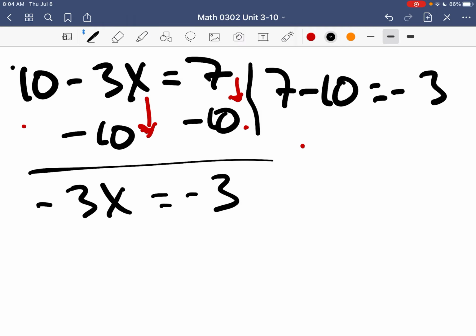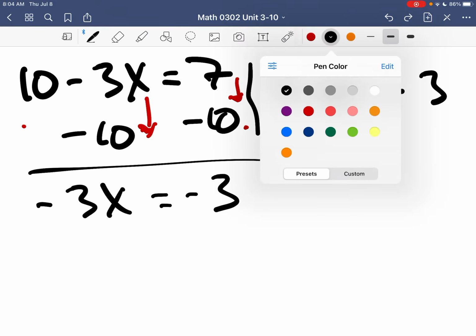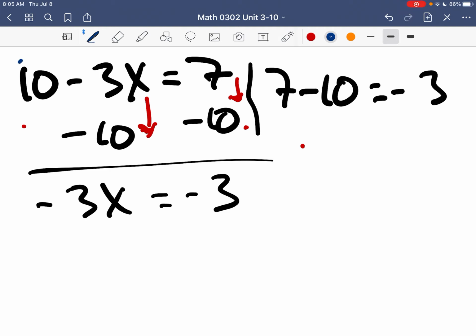So this was the first equation. By the subtraction property, we obtained a new equation: minus 3x is minus 3. As we can see here, the resulting equation from using the subtraction property is easier than the original equation we started out with.